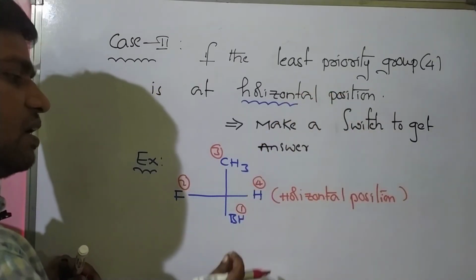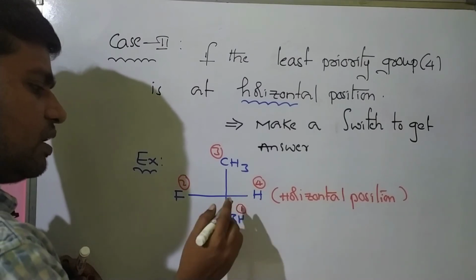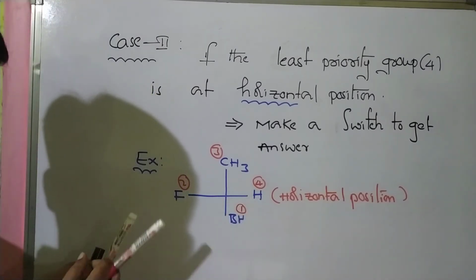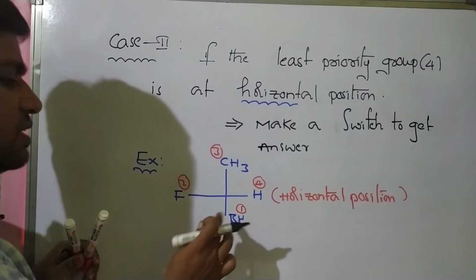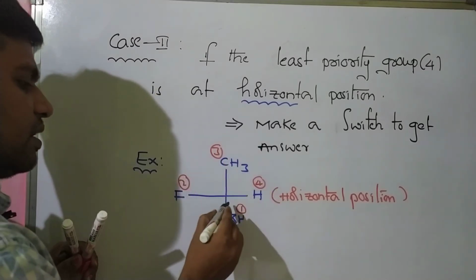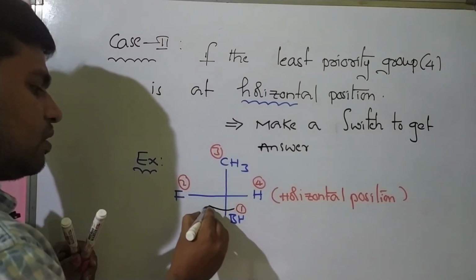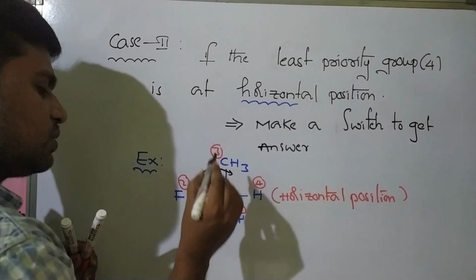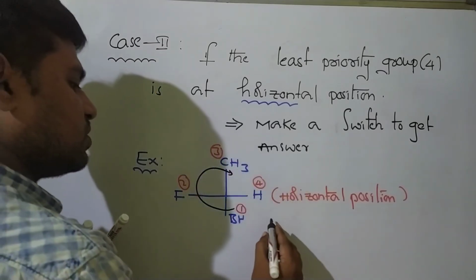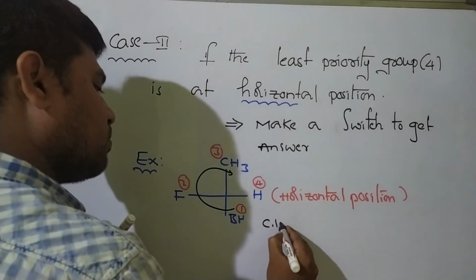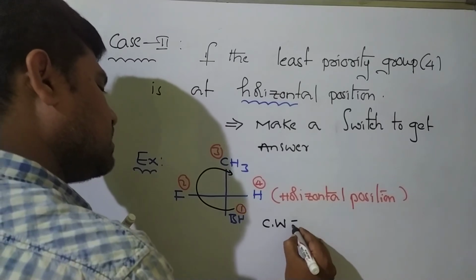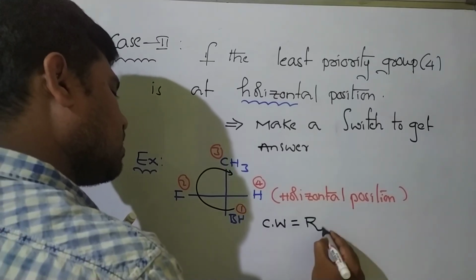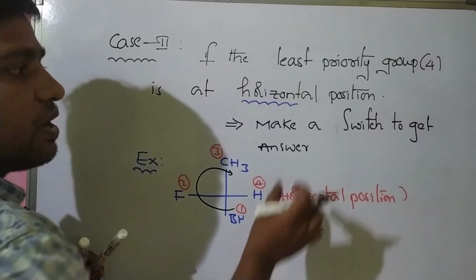So I will explain. First of all, the normal rotation. What is the rotation in this case? Here the rotation is simple, 1, 2, 3. Okay, students. So clockwise rotation. Clockwise means R. Now switching.